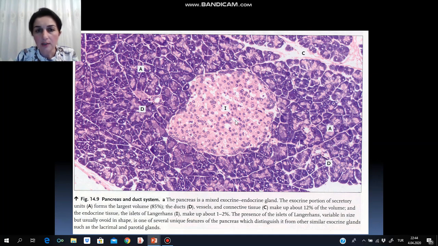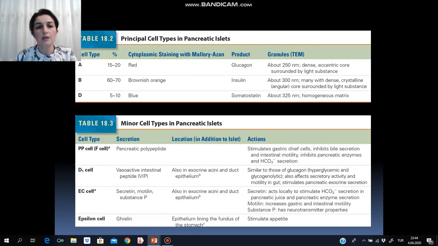Inside of these islets, we can distinguish several types of cells, but most of them are A cells, B cells, and D cells. These cells will produce their own hormones into the blood circulation. Mostly cytoplasmic staining with Mallory-Azan stain: A cells will have a red color, B cells a brownish orange color, D cells will have blue color.